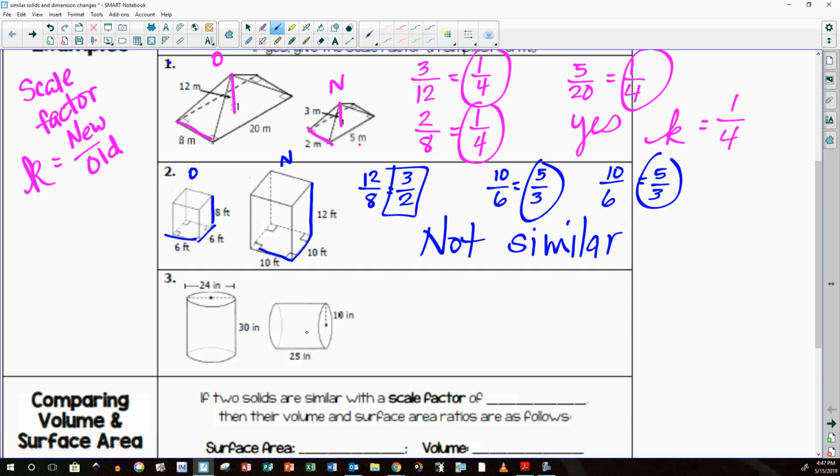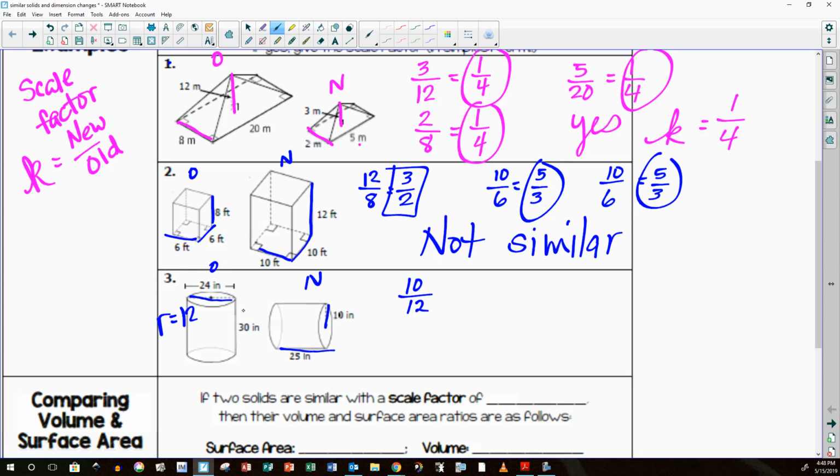And then the last one you can compare. I know that this diameter is 24, so the radius is 12. And this radius is 10. This is my new, this is my old. So this would be 10/12. Then I would compare their heights.